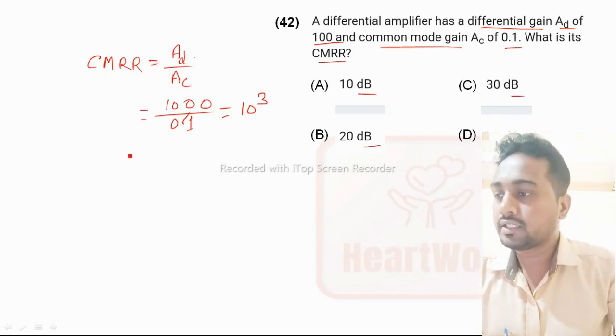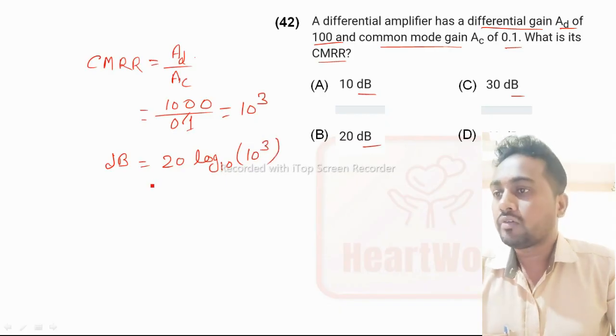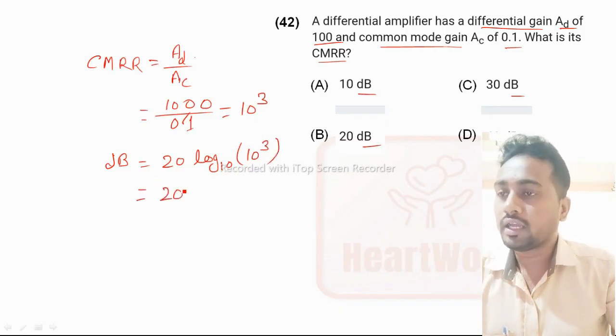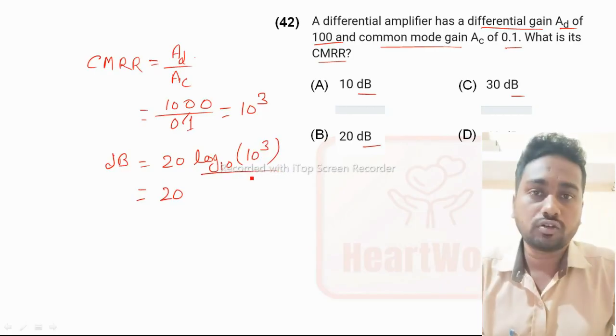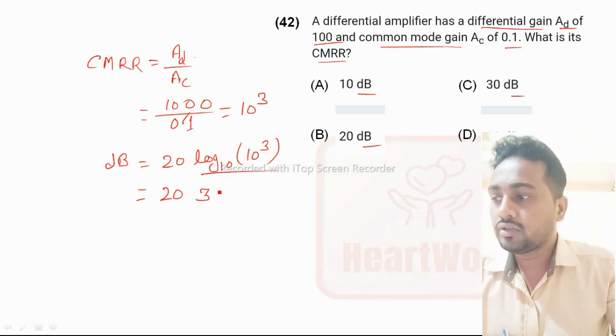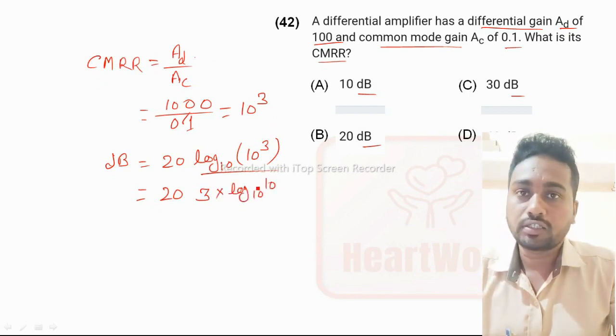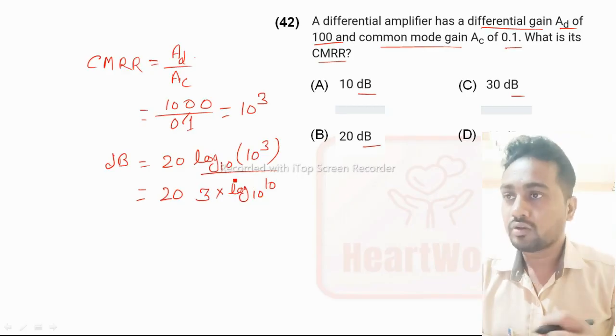So how will we convert this into decibel? For conversion in dB we calculate 20 log base 10 of CMRR, that is 10 to the power 3. We can write this as 20 times 3 times log base 10 of 10, using the formula in log.